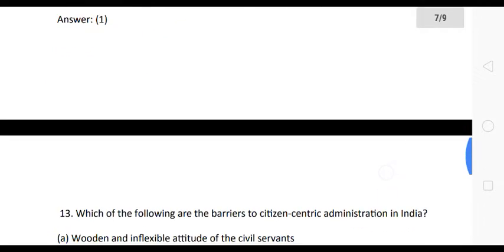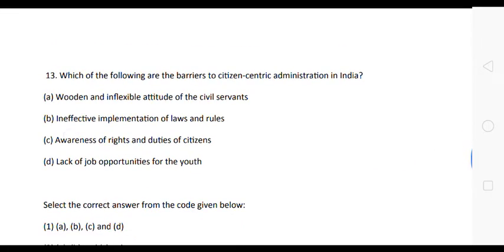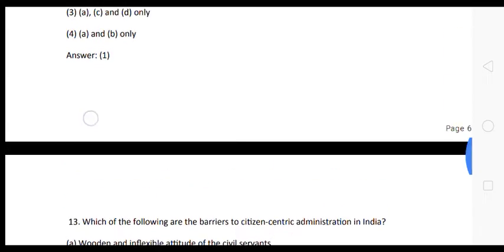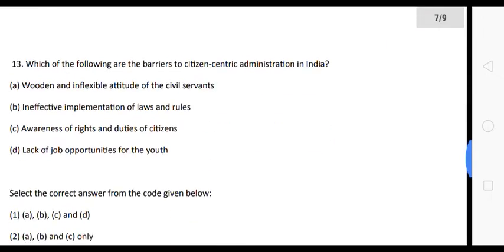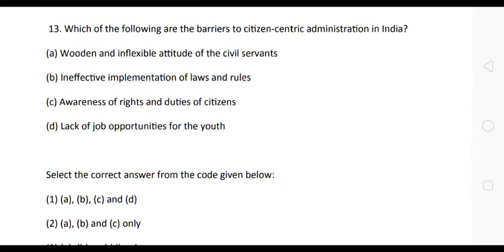The next question is, which of the following are the barriers to citizen-centric administration in India?